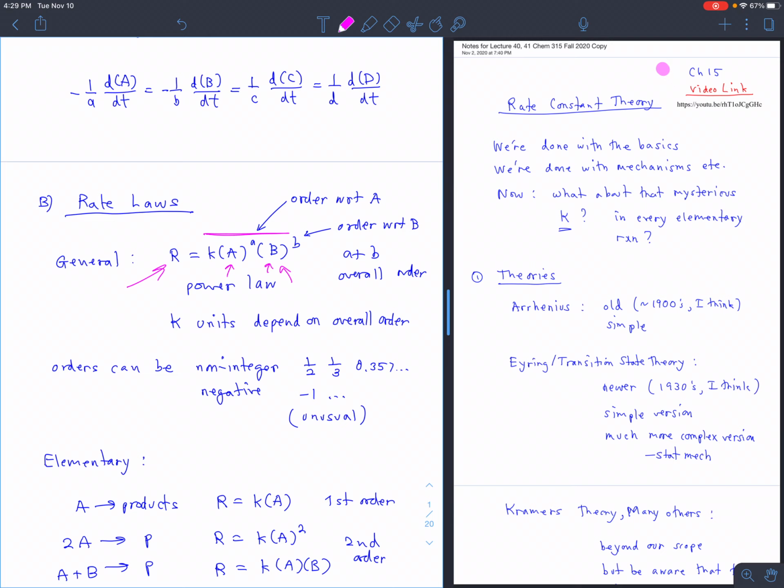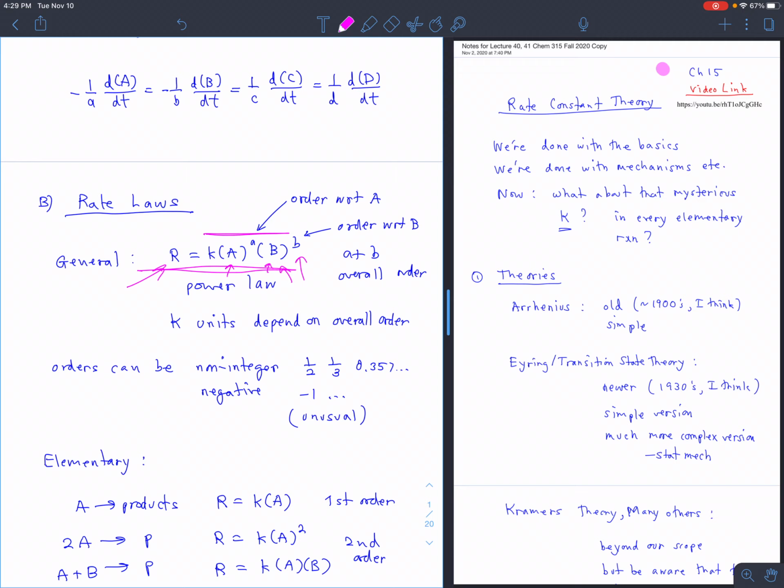That's unusual, but it does happen. If you look ahead a little bit, we've seen in the Michaelis-Menten mechanism that rate laws don't have to be power laws. Some of them aren't. The Michaelis-Menten mechanism isn't.